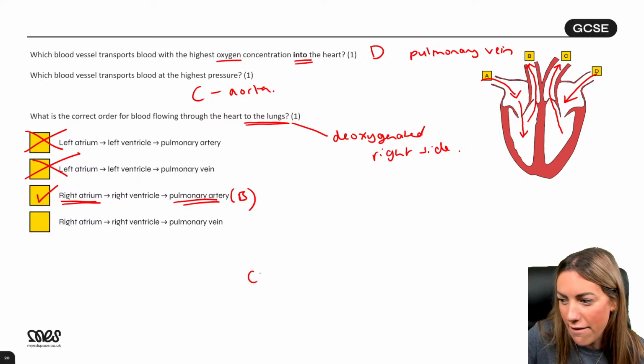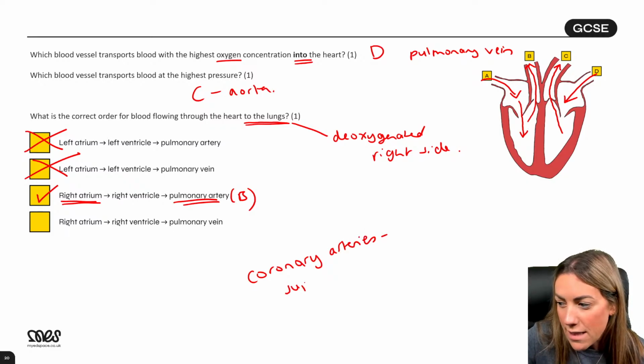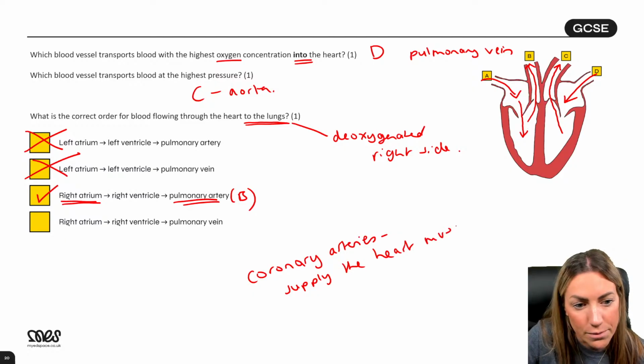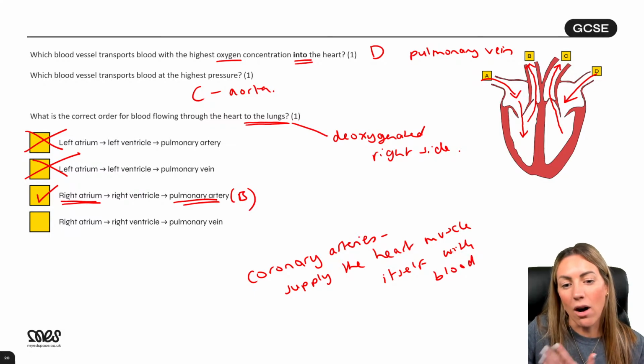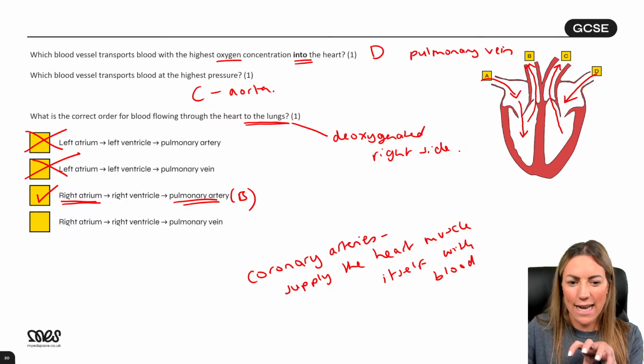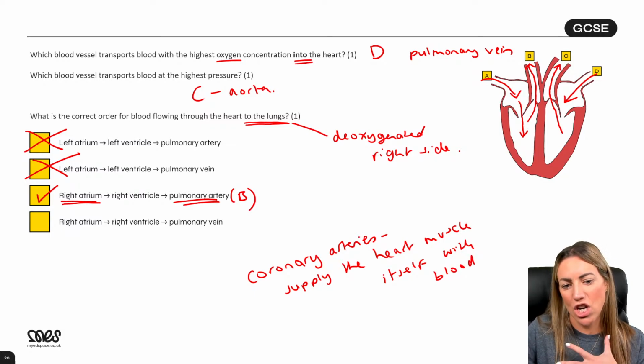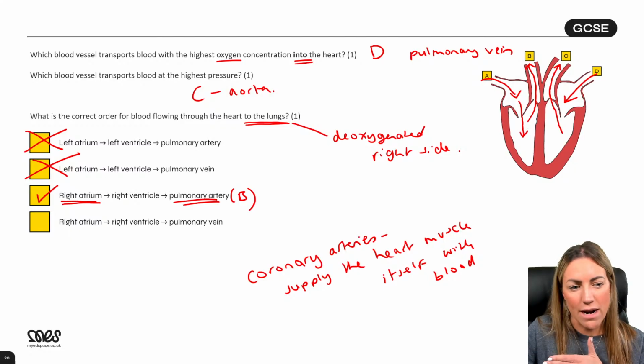What about the coronary arteries? Well, I can't see them on here, but the coronary arteries supply the heart muscle itself. They're on the outside of the heart. So I can't see them here because this is like an inside view. If I had an external view, I'd be able to see the coronary arteries.